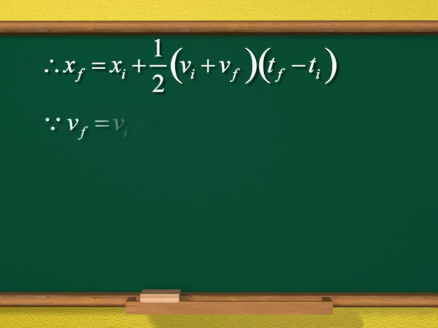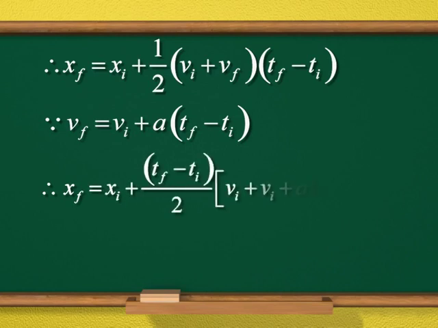On substituting the value of vf from the velocity time relation, this relation for position becomes xf equal to xi plus (tf minus ti) by 2 into (vi plus vi plus a into (tf minus ti)).